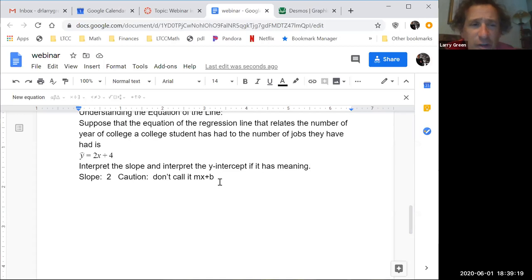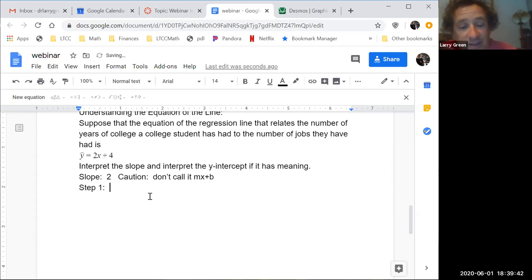How do we interpret this number 2 in terms of years of college and jobs? And that's the hard part. So the first thing I recommend doing is to write the slope as a fraction.